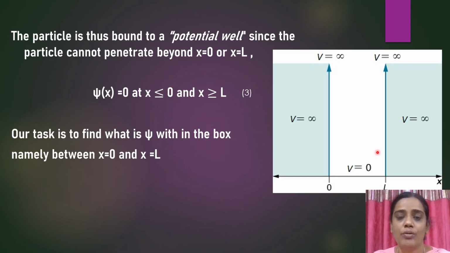So, let us now proceed to find what is the psi value in the coming slide.